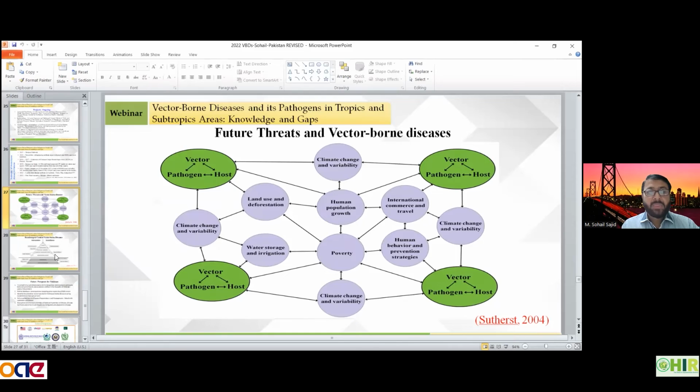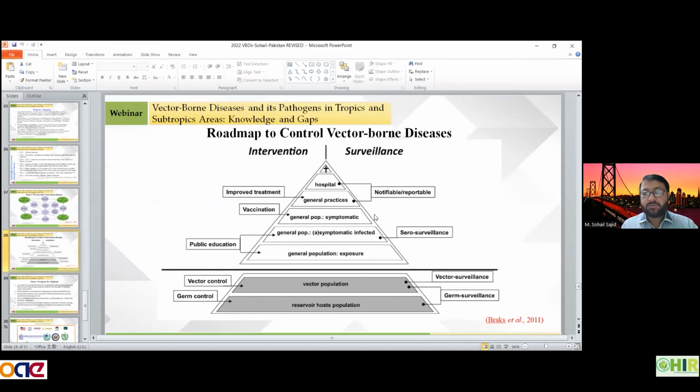Then how should we proceed? It's a good pyramid from Brax in 2011, that the roadmap to control vector-borne diseases goes side by side. We should go for surveillance, and we should also go for intervention. Surveillance is on the left side, in the long term, in order to go for preparedness, as well as intervention too.